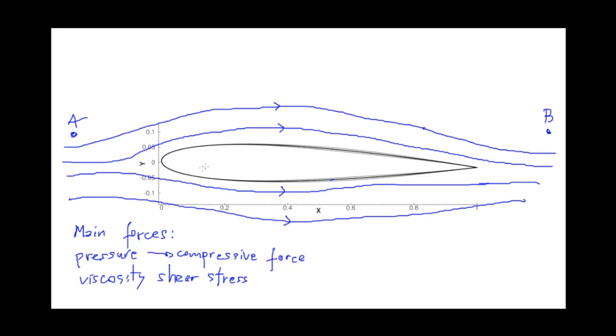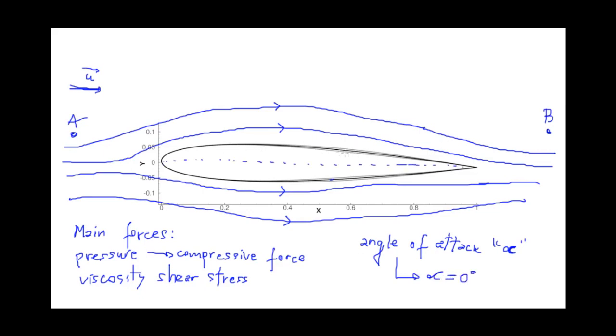So in this case, there will be no lift generated because the flow is symmetric here and the airfoil orientation relative to the flow, the angle of attack, which we usually denote as alpha, here will be equal to 0.